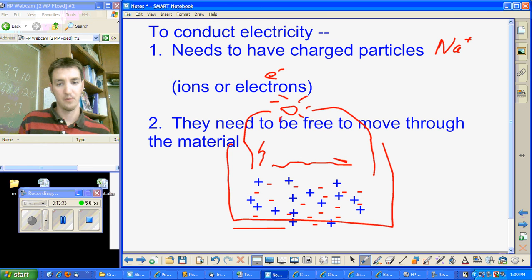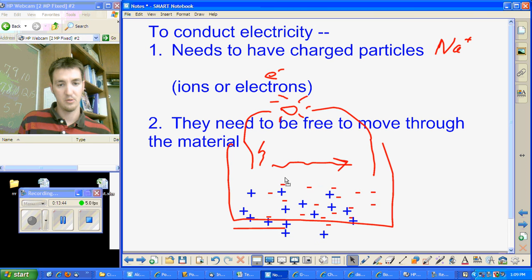So in order for electricity to flow, if this is the negative end of it, I need these negative particles to be able to start to move. As these negatives flow from one end to the other, that flow is what makes the electricity able to light up the bulb. I'm missing a battery. Ignore that. So, charged particles moving freely.